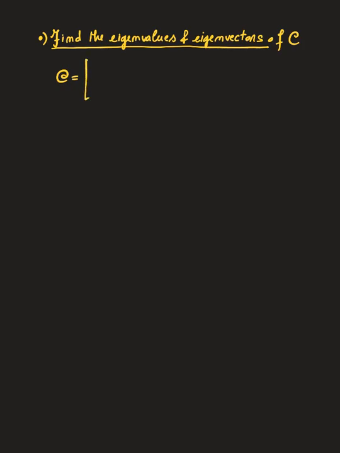We found it before, so this is equal to the matrix with rows 1, k, 0; k, 1 plus k squared, 0; and 0, 0, 1.